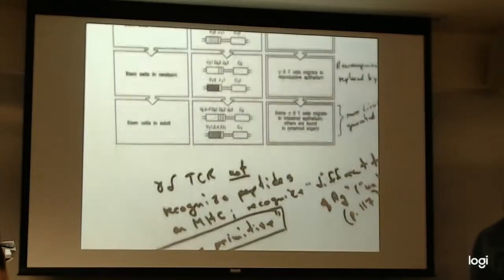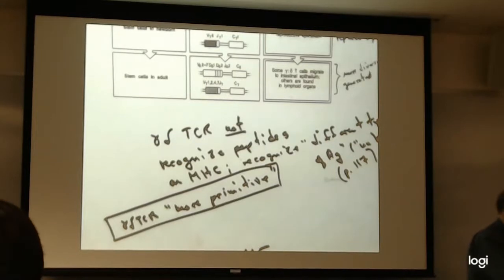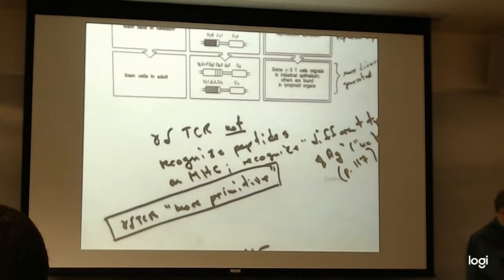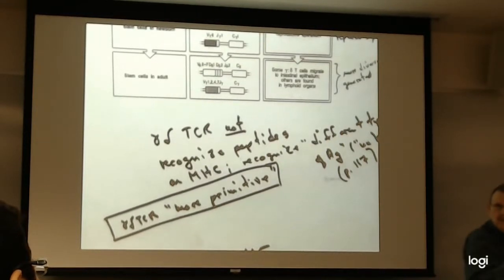And as I said before, gamma delta T cells are not like alpha beta in any way. The alpha beta, I keep emphasizing, see a small peptide on an MHC presenting molecule. The gamma delta T cell receptors don't have to have foreign peptides presented by MHC proteins, okay?